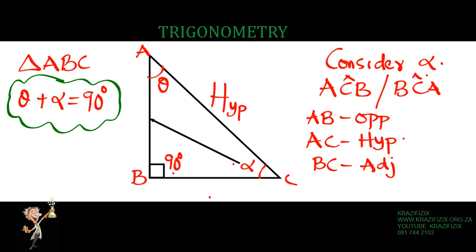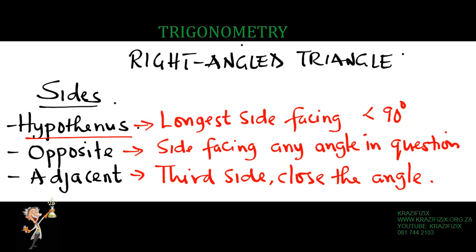So if you are going to go through anything at all, you should go through the notes on the sides. Let's go back to that note quickly. Very important. Your hypotenuse is the longest side facing the 90-degree angle. Opposite side is the side facing the angle you're dealing with, and the adjacent side is the third side.